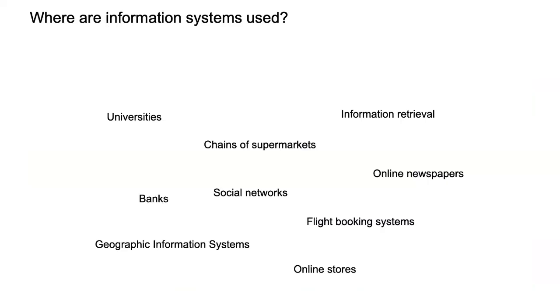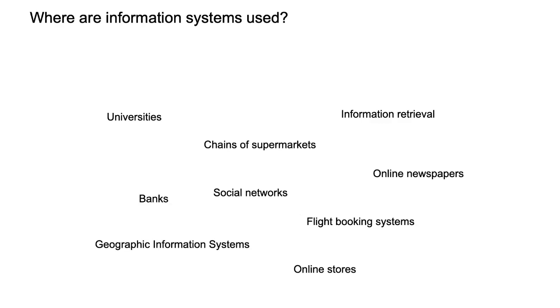All right, now a bit more about information systems. They're absolutely everywhere in the world. And in fact, with the internet, we have even more of them, like social media, like LinkedIn. A newspaper has an information system. When you read the papers online, flight booking, train booking, these are all information systems. The maps, when you navigate with your smartphone.